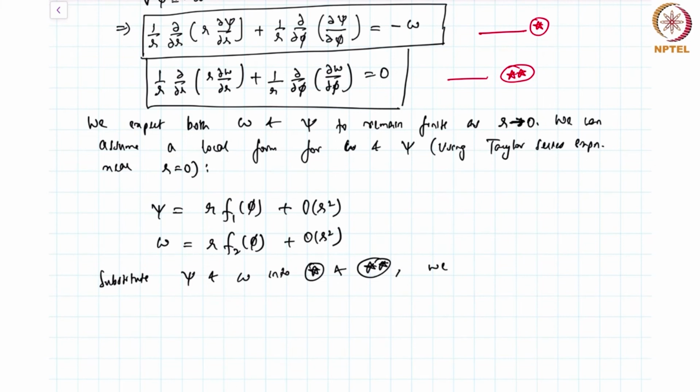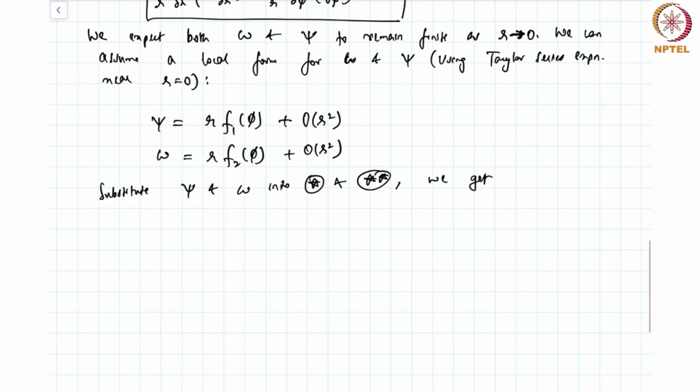We don't have to worry about the order r squared terms. We only consider ψ to be r times f1 and ω to be r times f2. Remember, f1 and f2 are functions of φ alone, and therefore any derivative with respect to φ will be a total derivative, even though in the star and double star equations the derivatives in φ are partial derivatives. If we substitute ψ and ω into these, what do we get?